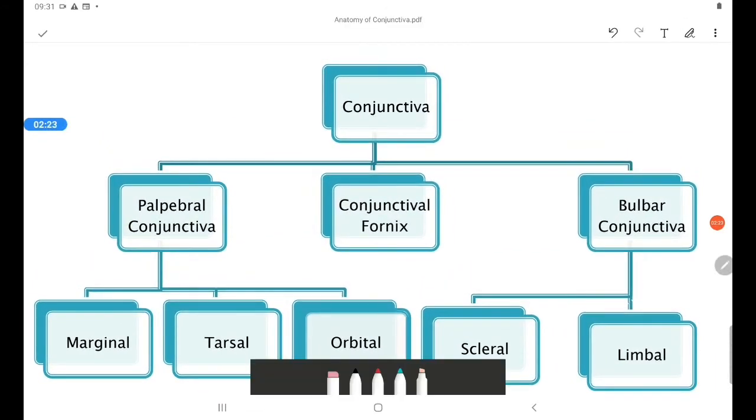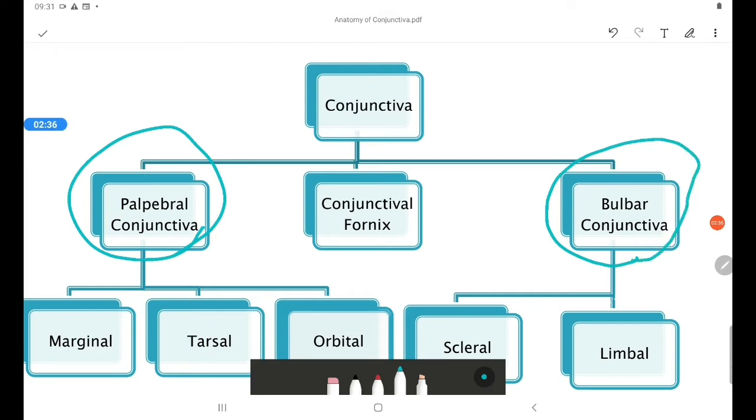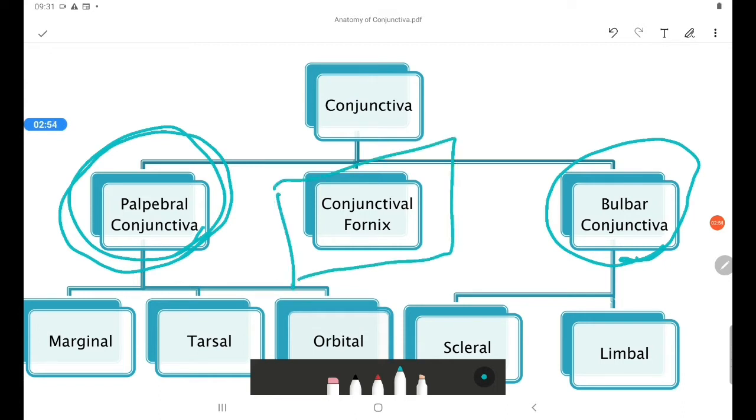Now these are the parts of the conjunctiva. That means it is divided into a palpebral area and a bulbar area. The bulbar conjunctiva is the part that is covering up the eyeball. Palpebral conjunctiva is the part which lines the eyelid. In between, at the folding where the lid part and the eyeball part join, at the junction there is a fold which is called the conjunctival fornix.